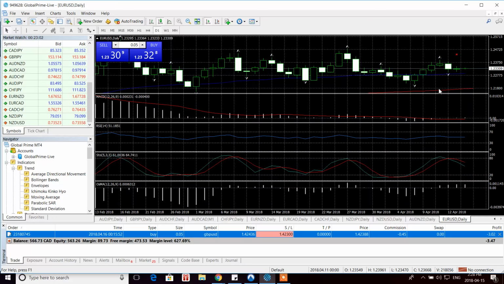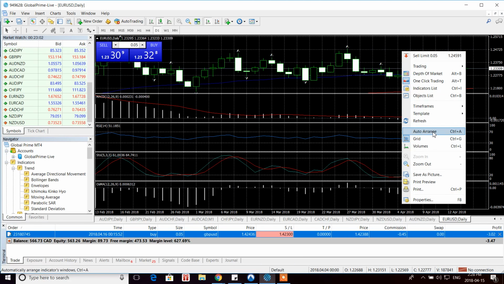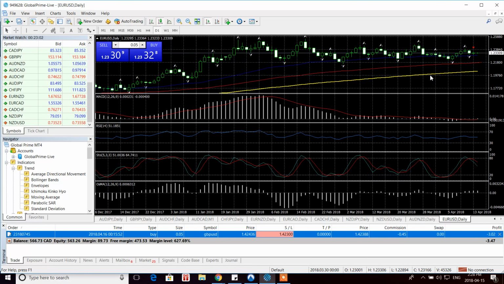Okay, so let's zoom out a bit. So here's the 240 LMA, the 100 EMA, and the 50.